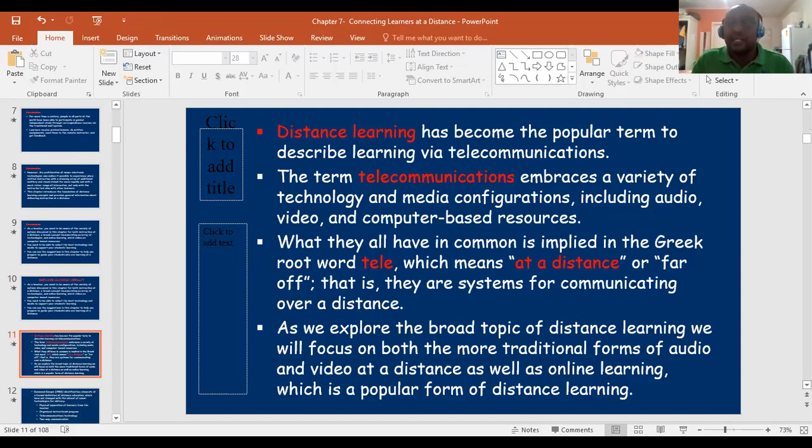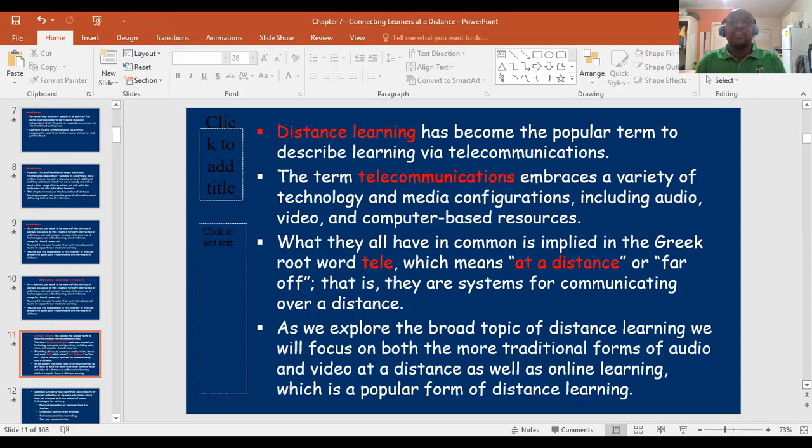Now, the concept of distance learning, as we know, we have heard of it, a number of people use it. It has actually become the popular term to describe learning via telecommunication. What is telecommunication? Simply put, this term embraces a variety of technology and media configurations. Among those media configurations are audio, video, and computer-based resources that are used for a variety of ways and reasons.